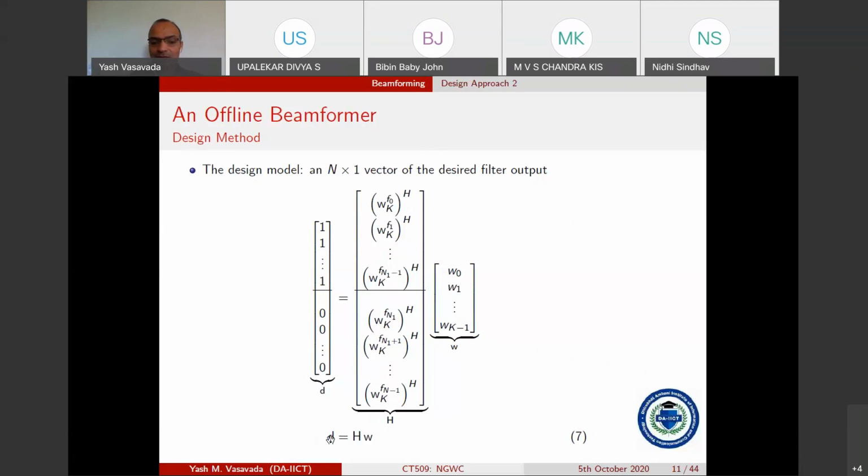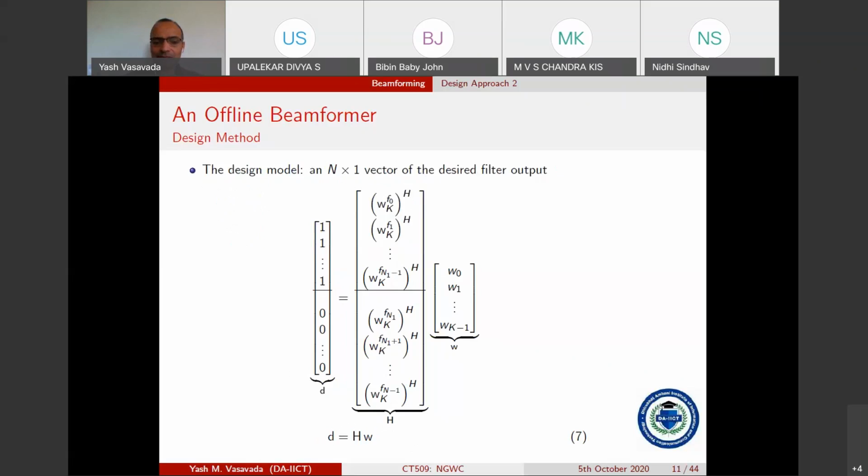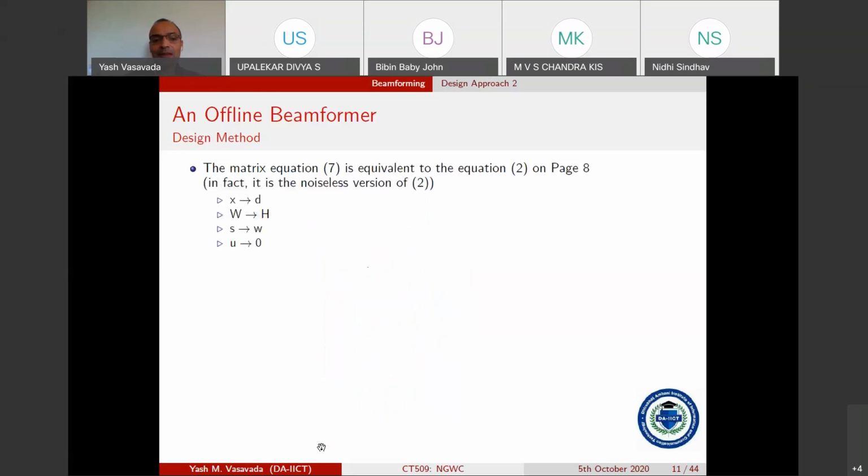The notations are different, but the algebra is the same. And in fact, we saw that the original x vector has now become vector d, where d is the set of specifications that are given to us.